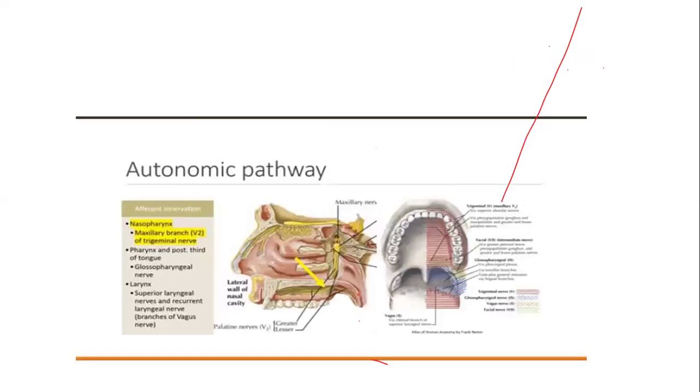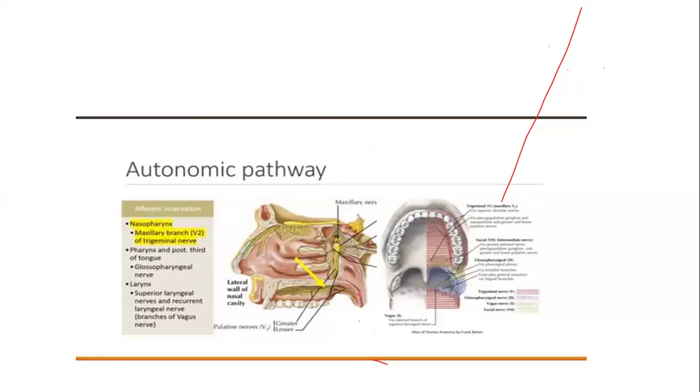So this is just a pictorial representation of the autonomic pathway. It comprises of an afferent, and then the brainstem, which these impulses go to, and the efferents, which send back the effects that will show us the elevated heart rate and blood pressure.